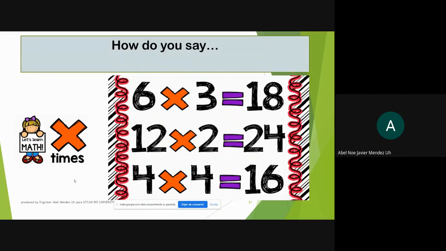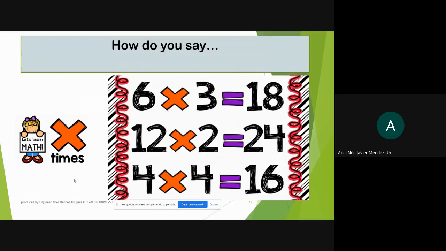In the first operation, I can read it like this: 6 times 3 equals 18.